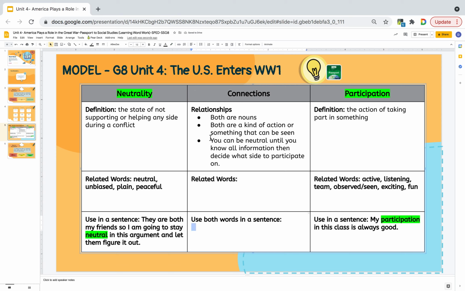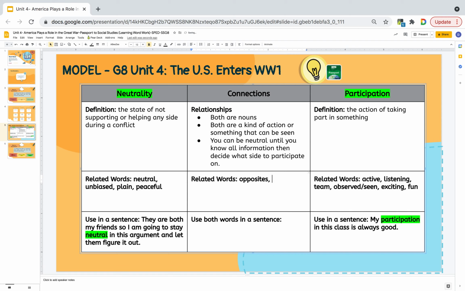Now that we've identified the meaning of each word, what words are related to them, and use them in a sentence, we want to now find related words to both. Now this is going to be a little tricky because these words are complete opposite from each other. But that's something that connects them. They're complete opposites. So I can write opposites.